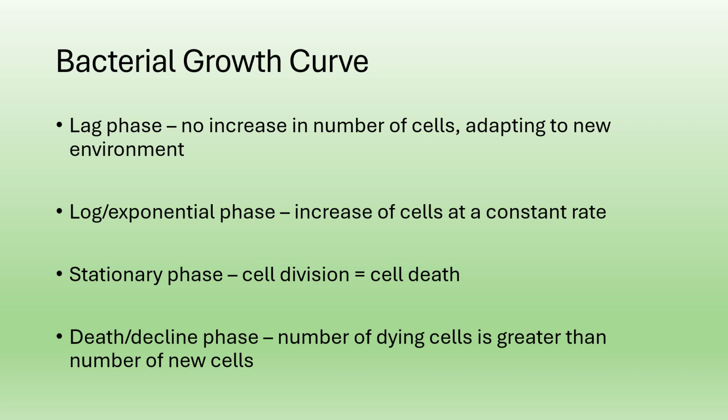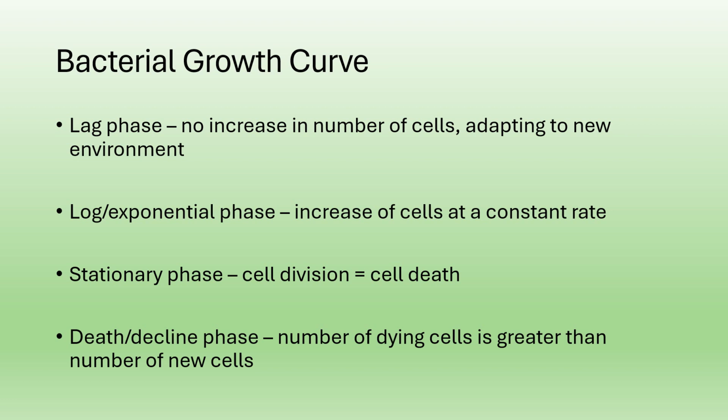In terms of the stages of growth or the phases, there's 4 of them. What we refer to as a bacterial growth curve. You can actually graph these out. You start off with a brand new cell, and it will be in what's known as the lag phase. In this particular phase, there's no increase in the number of cells because they're adapting to their new environment.